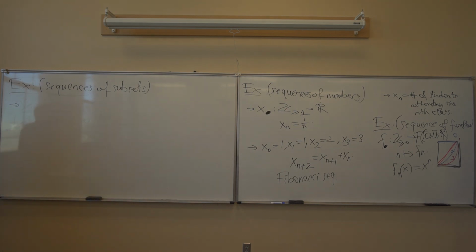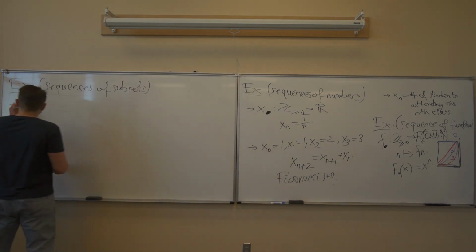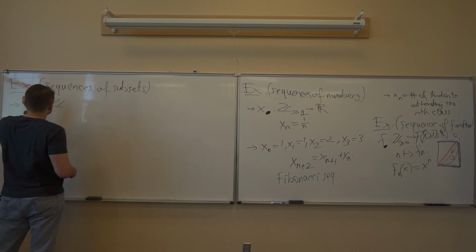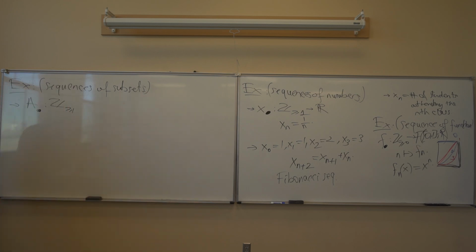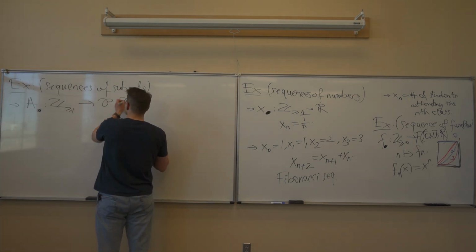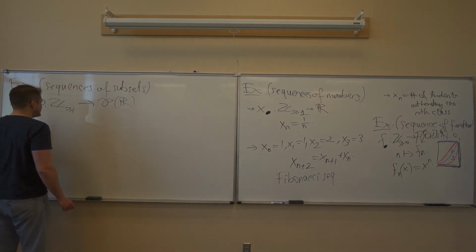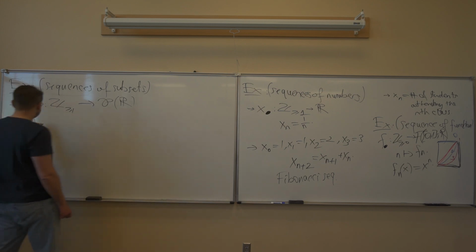Now again, to be evocative, I'm going to call it capital A. Capital A sub bullet is going to go from, let's say, positive integers to subsets of the reals, so the power set of R. Well, let me define A sub n, the nth term, to be the closed interval from minus n to positive n. That I can do.